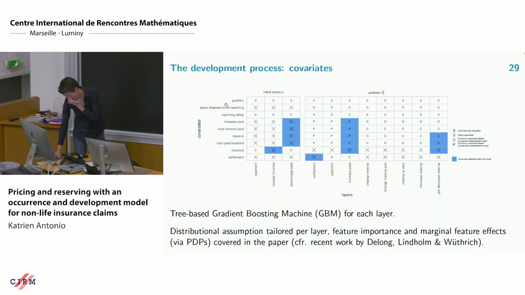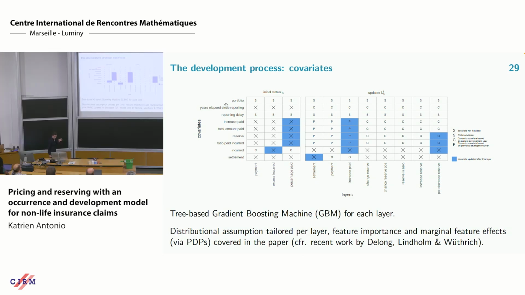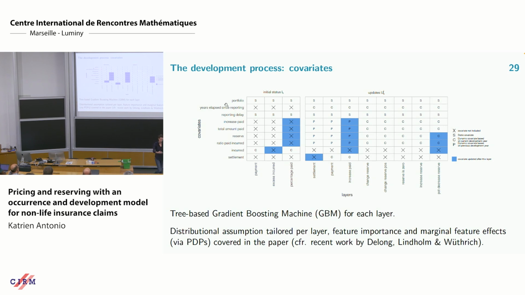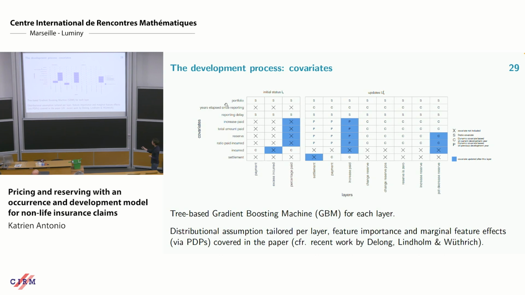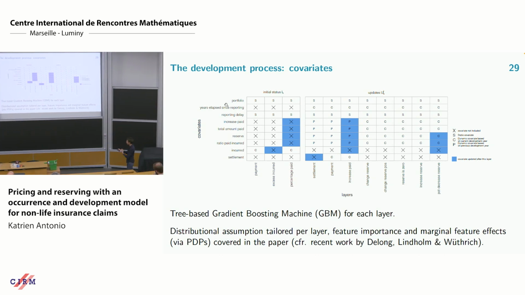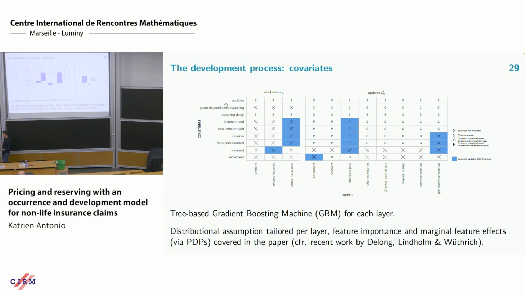So what can you find in the paper? Well, we're going to explore gradient boosting machines for each of those layers. So will there be a payment? Will there be a settlement? Will there be a change in incurred? And we juggle around with the kind of covariates that we can use there, dynamic, static, and how that works. So we have the details of that in the working paper.